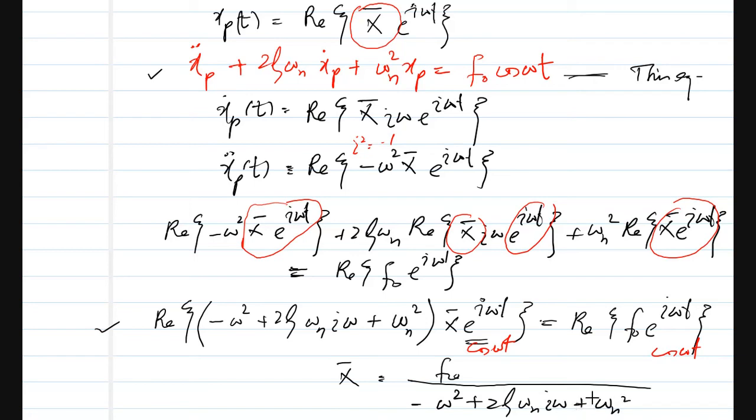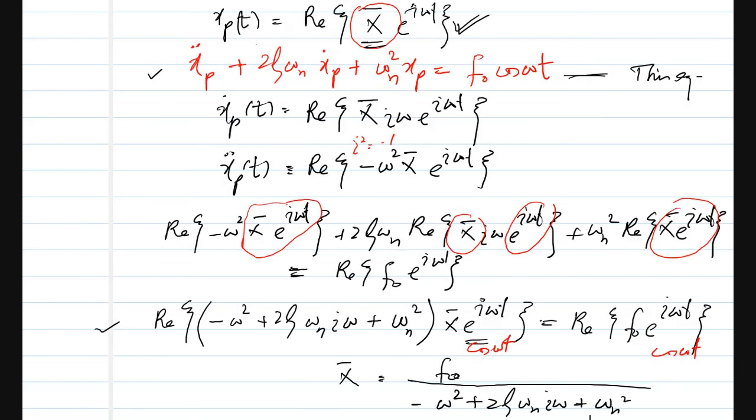This is the value of x bar we are actually interested in. That's why I have adopted all this procedure to find out x bar, so that if we put x bar in this equation, we actually get the solution of xp of t.